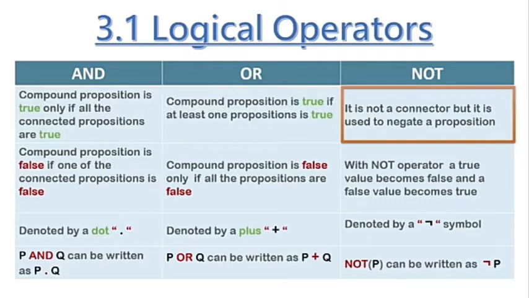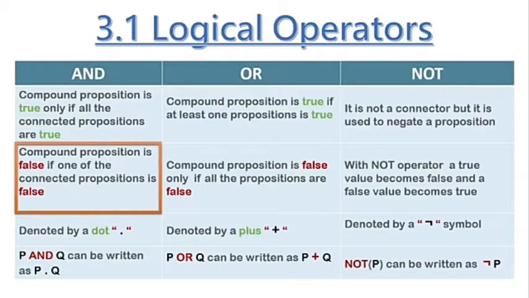In a compound proposition with AND, if any condition is false, or both conditions are false, the answer will be false. In OR, if all propositions are false, then the answer of OR will be false. In NOT, this is not a connector, but it reverses the value.